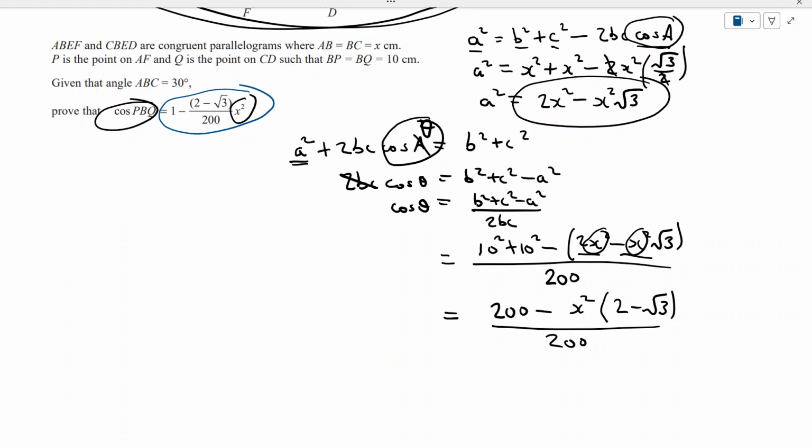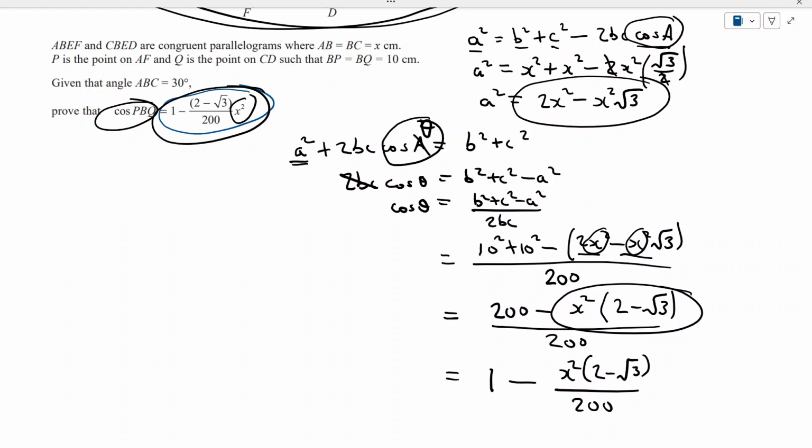So separate this single fraction into two fractions. 200 over 200 is obviously 1. And then you've got the second term here on the numerator divided by 200. So that's going to look like x squared lots of 2 minus root 3 over 200, which is the form requested in the question. That was a 5 marker, quite tricky.